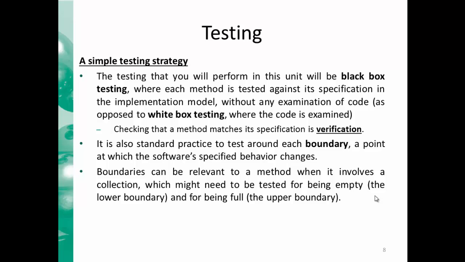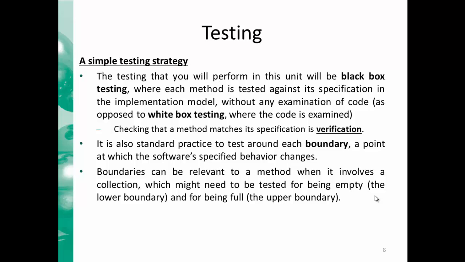But in our case, we are only using a method of testing that will check that the method's specification is matching the method implementation. And when we are doing this, we are doing verification testing.